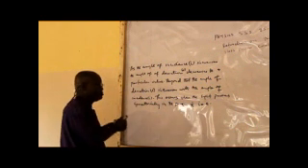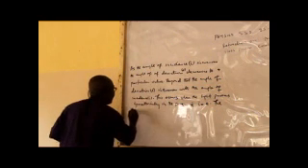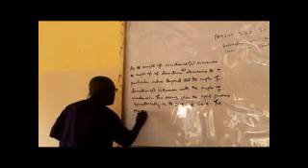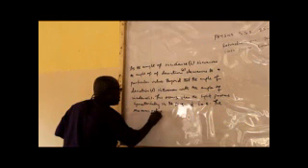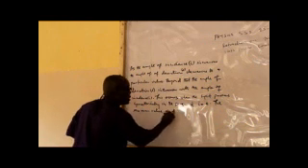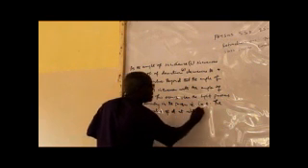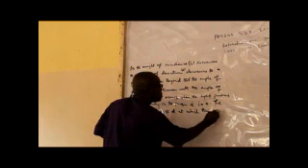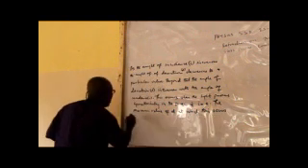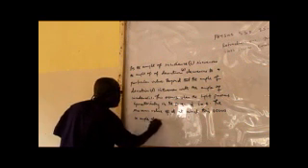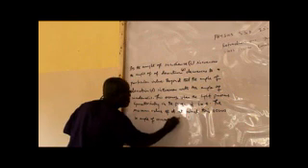So the last value, the minimum value of D at which this occurs is called angle of minimum deviation, in bracket DM.